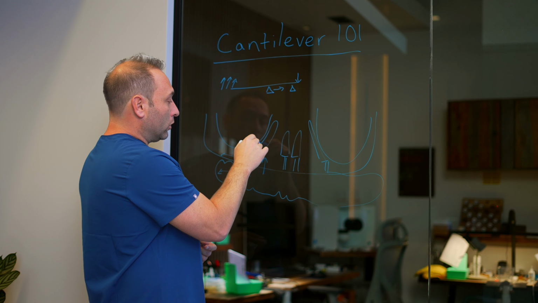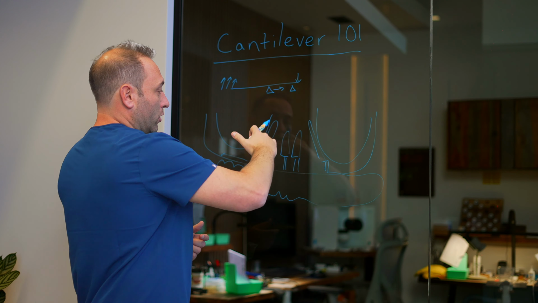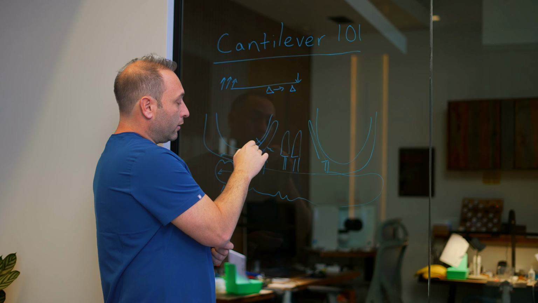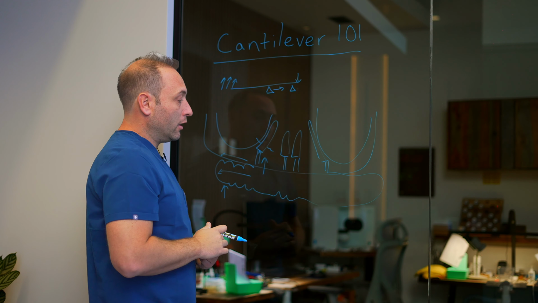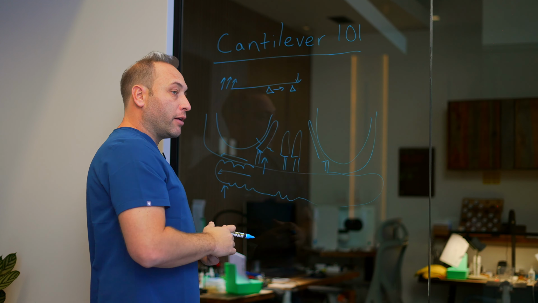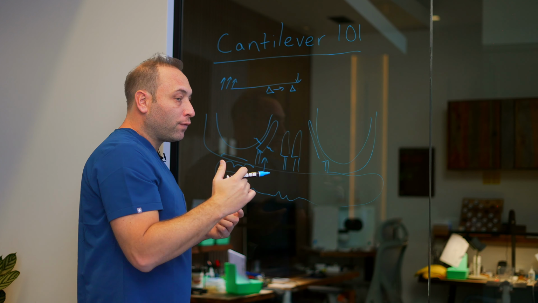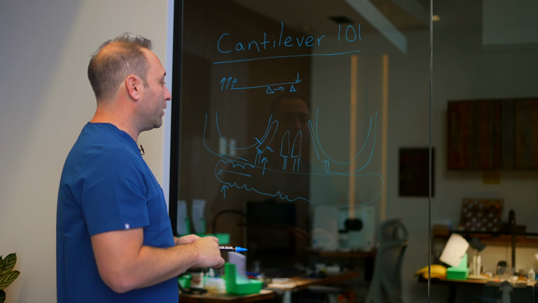You're going to get bone loss around the implant, which over time will just worsen, or you're going to get a screw loosening. The prosthetic connects into the implant. That screw that holds it in is going to loosen. And if that's not corrected, you're going to get bone loss. So cantilever force is the problem. It is the biggest problem with full arch implant dentistry.